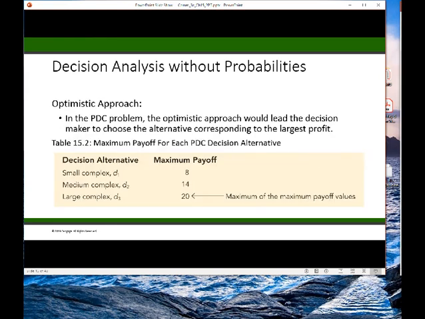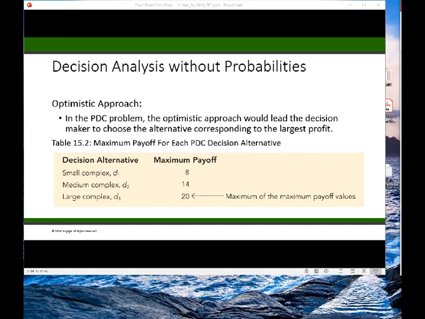So in the case of Pittsburgh Development Corporation, the best state of nature would be strong demand.